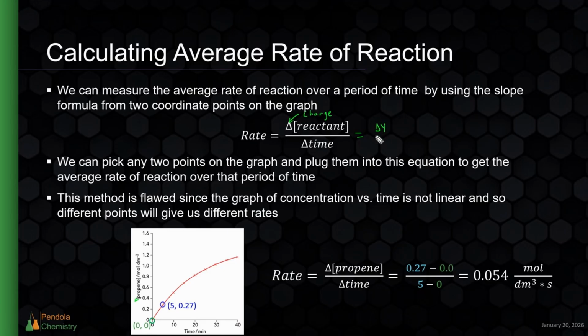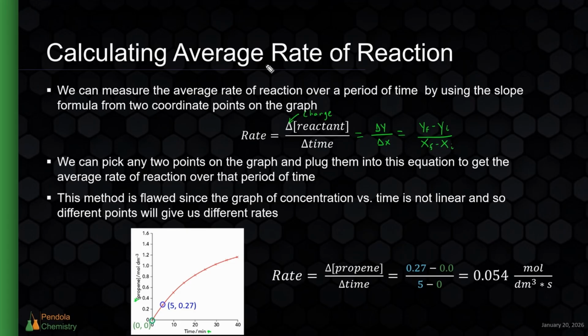The time is the x-axis, so change in y over change in x, or y final minus y initial over x final minus x initial.